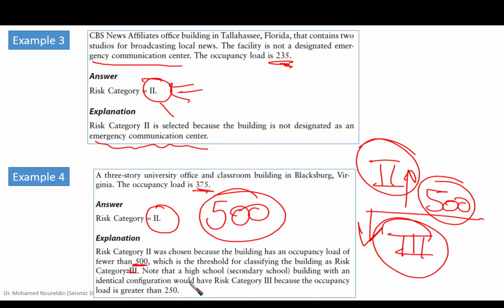Okay. Note that a high school or secondary school building with an identical configuration would have risk category 3 because the occupancy load is greater than 250. Take care, we're talking about a 3-story university office and classroom building.